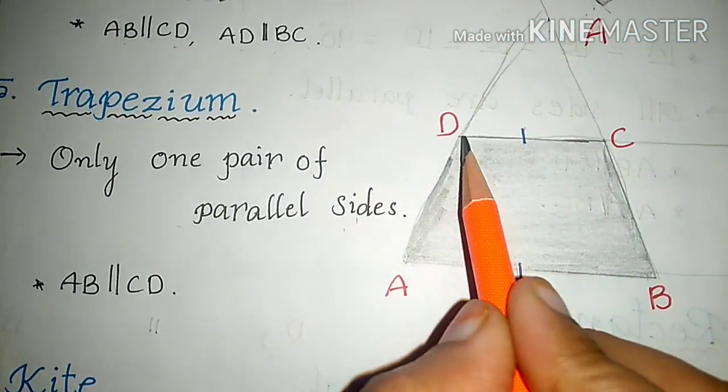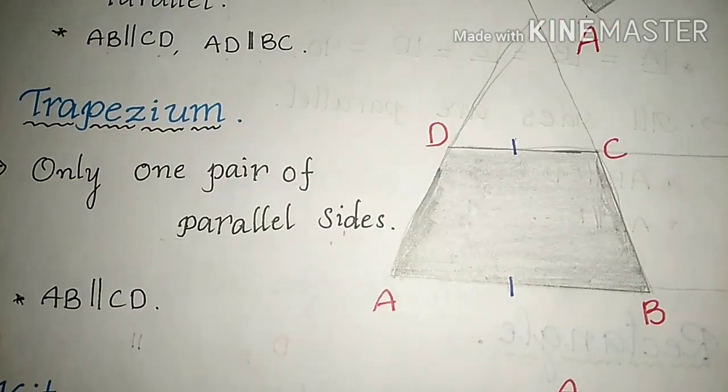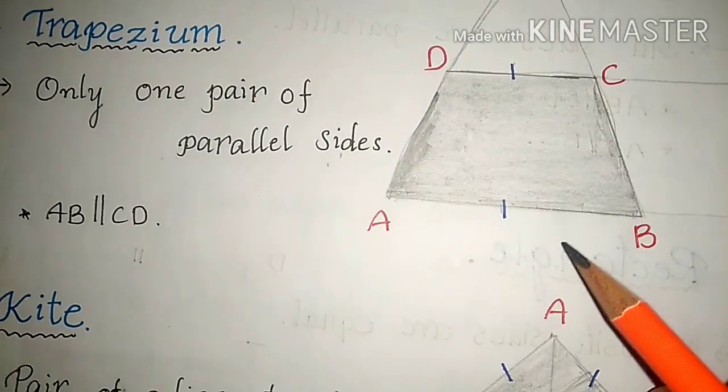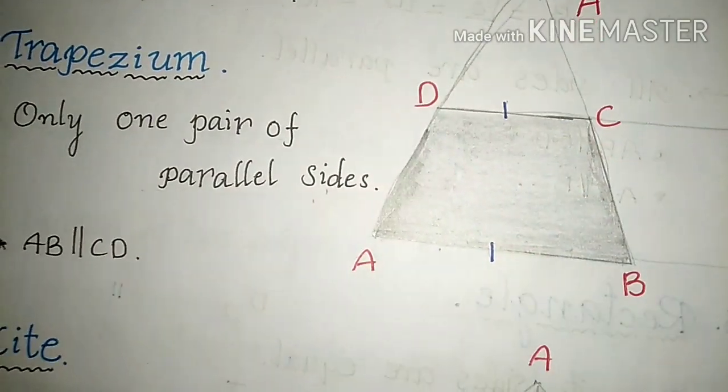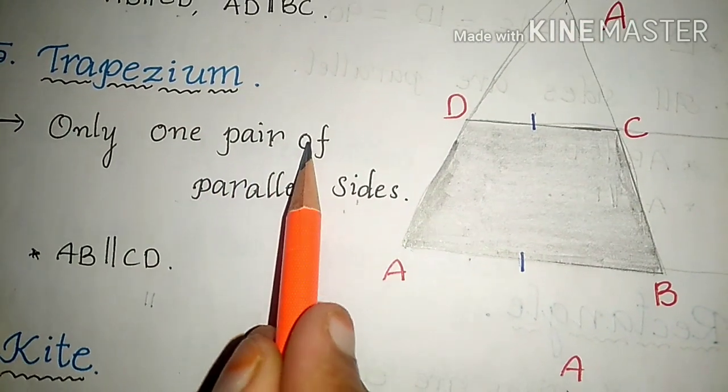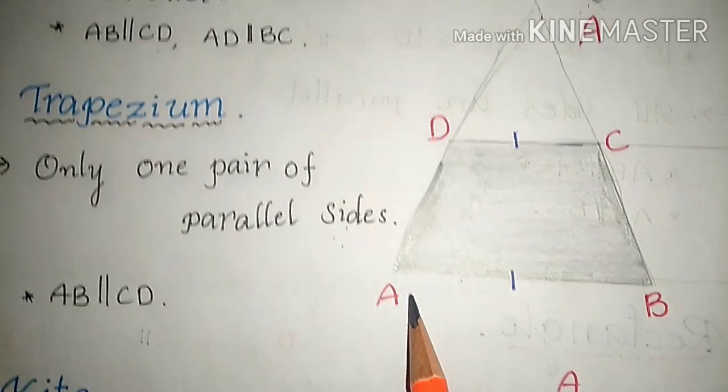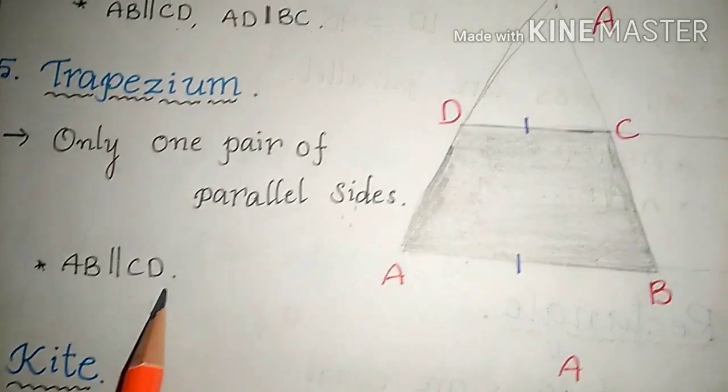Lines that never meet are called parallel lines. So AB parallel CD. Only one pair of parallel sides.